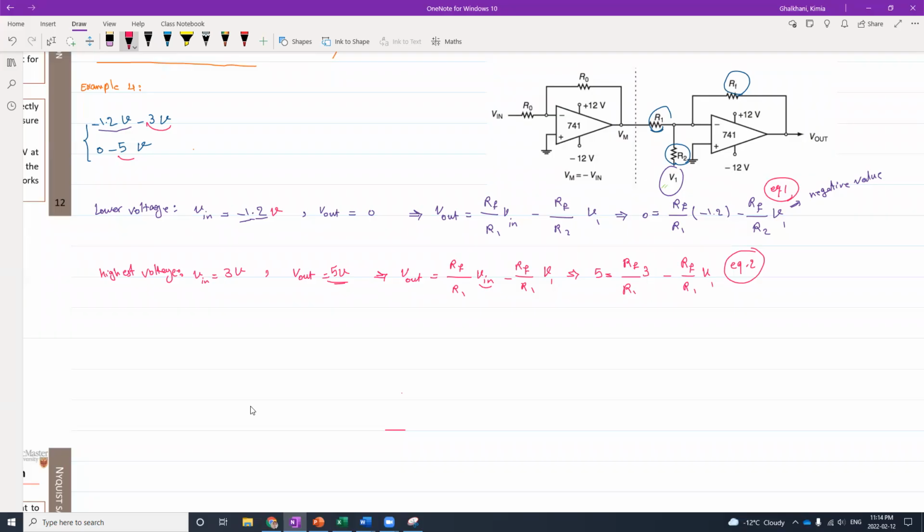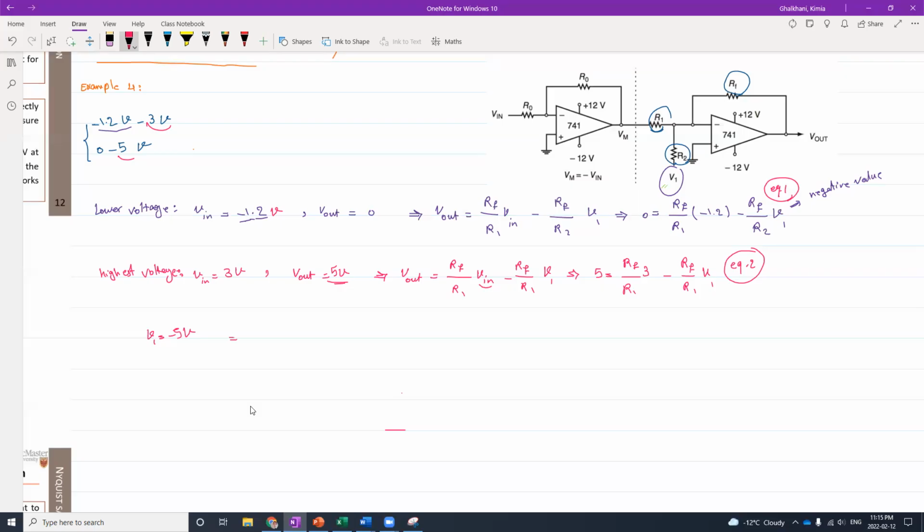But we know that all resistances should always be positive. So what we can do is select minus 5 for V1, like this. And then we replace V1 in equation 1 with minus 5. We are going to substitute V1 by minus 5.